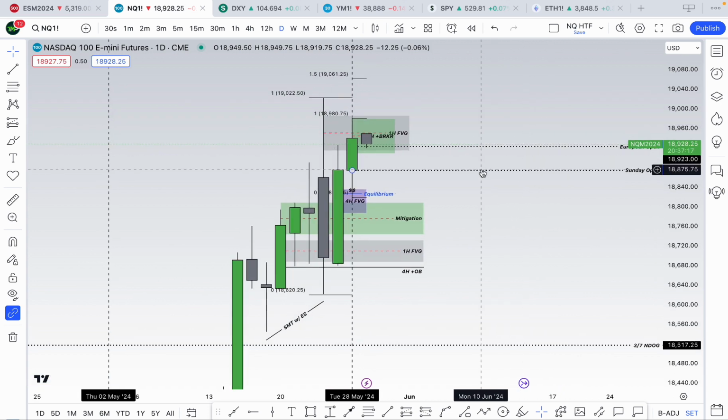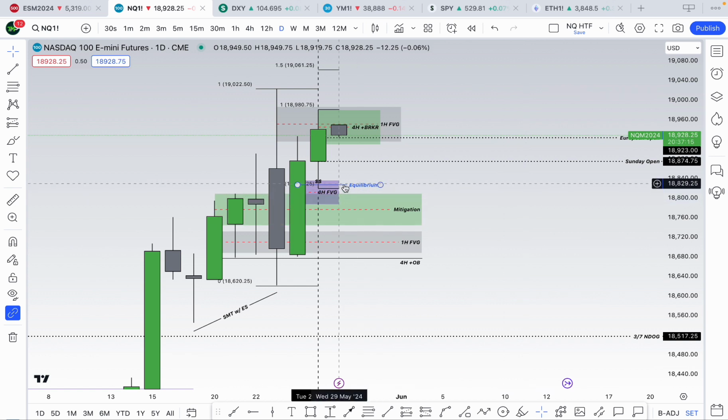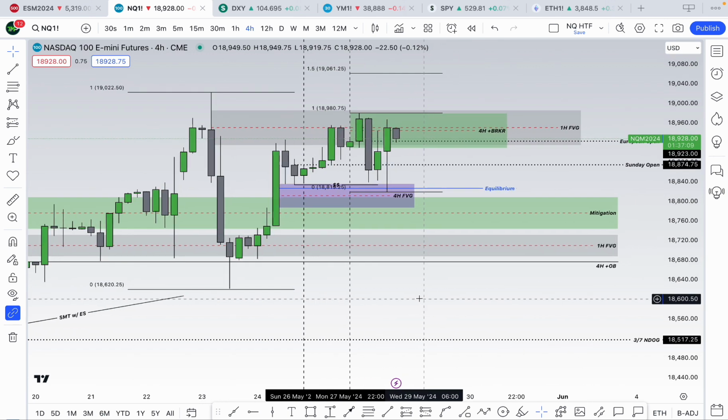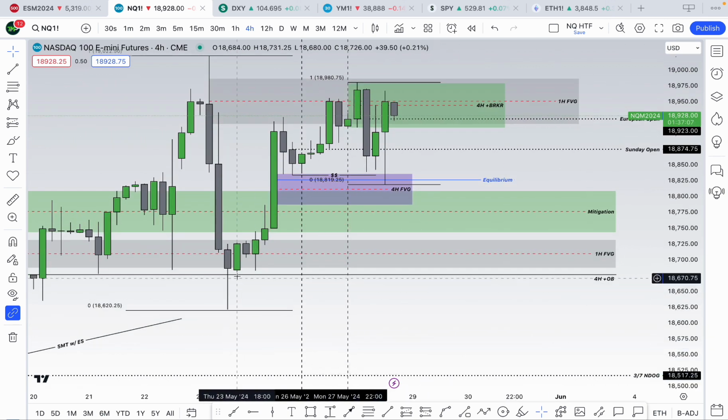So with the draw, again, what we talked about before, today's price action stabbed into the equilibrium from this low from last Thursday up to Tuesday's high. Took out some liquidity from Sunday and Friday.